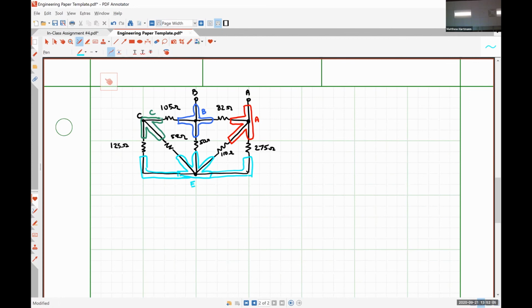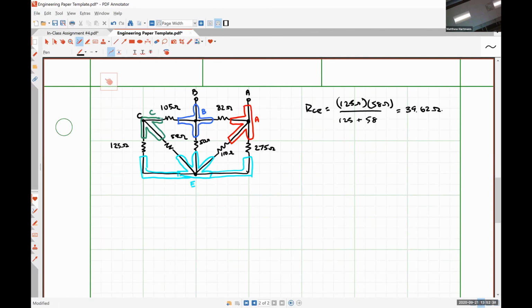So what is 125 and 58 in parallel? 39.62 ohms. Everybody agree with that?